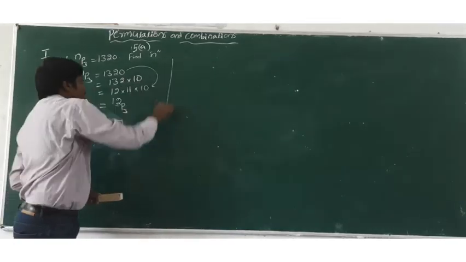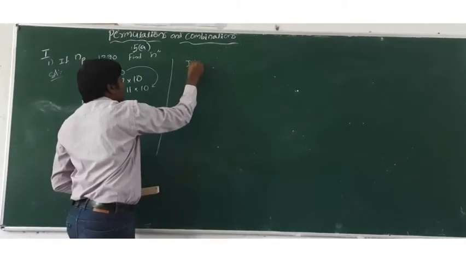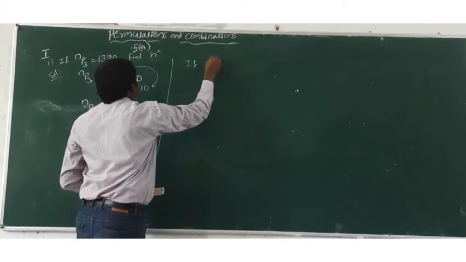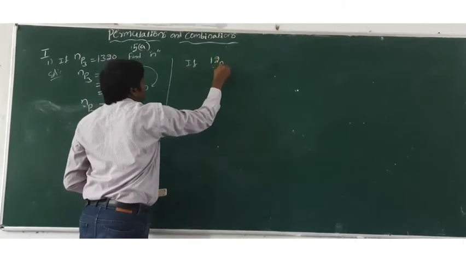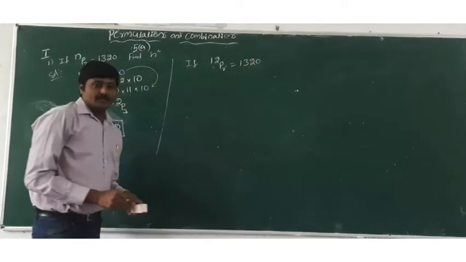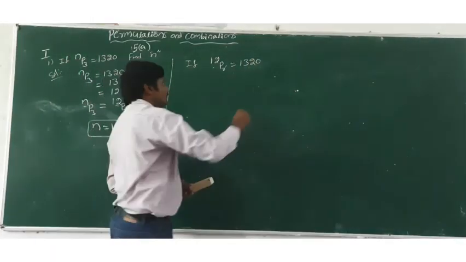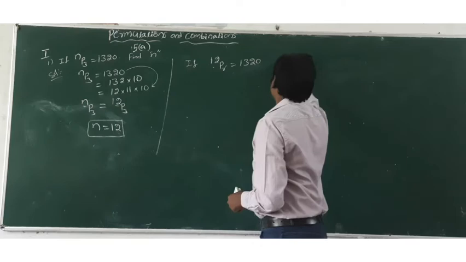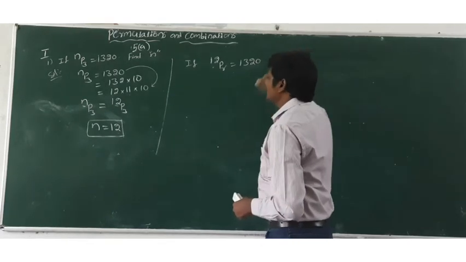Same problem, if it is given 12Pr is equal to 1320, then find the value of r.